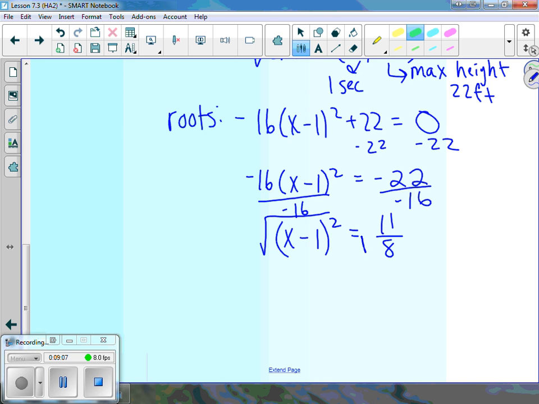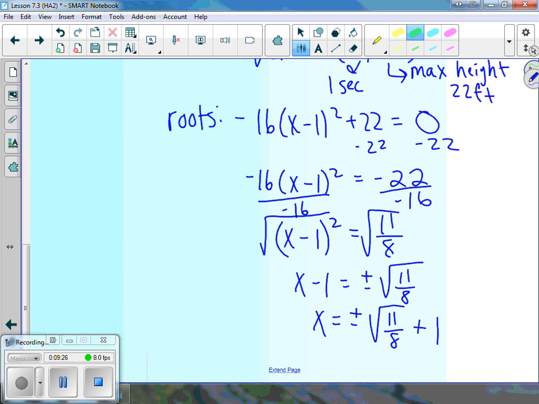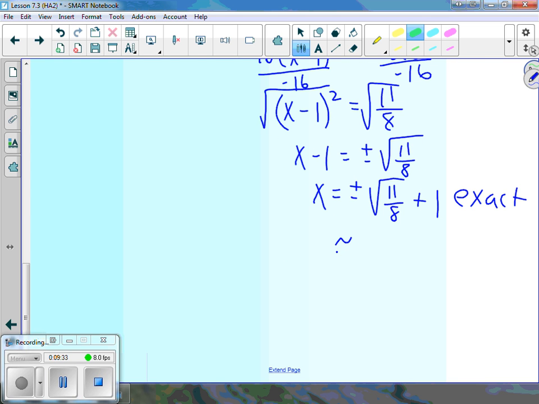Square root both sides. Do not forget the plus or minus. And finally add 1. These are what are called my exact roots, but I would actually want you to give me a decimal approximation, especially since this is a time problem. So use your calculator right now to calculate what your roots are going to be.